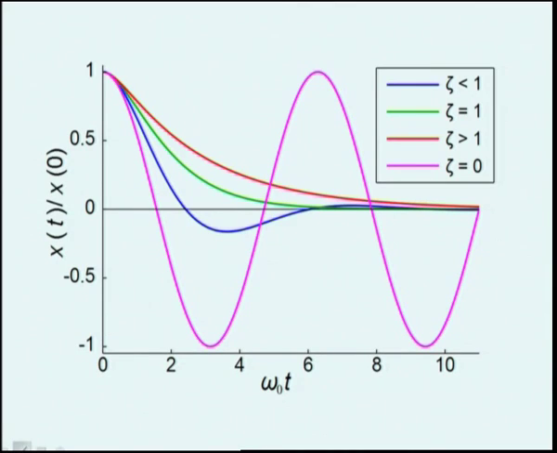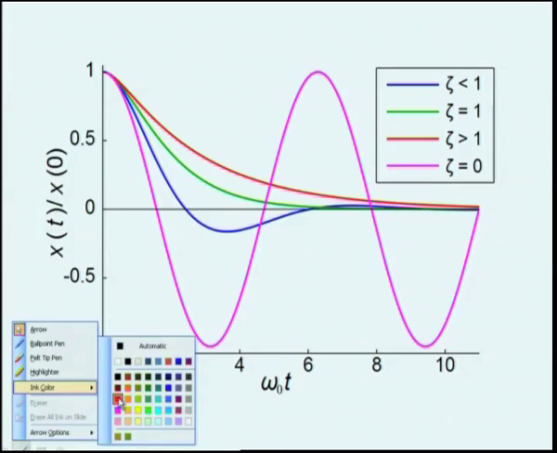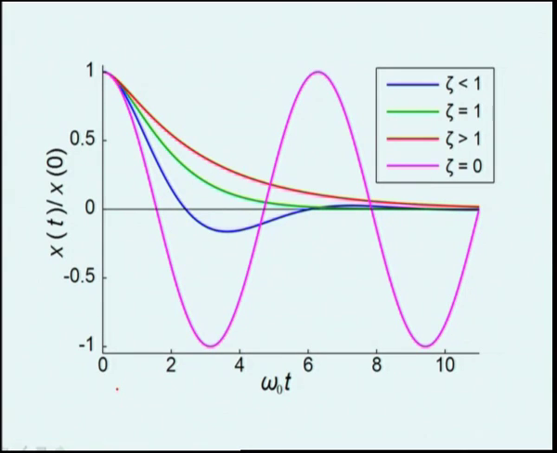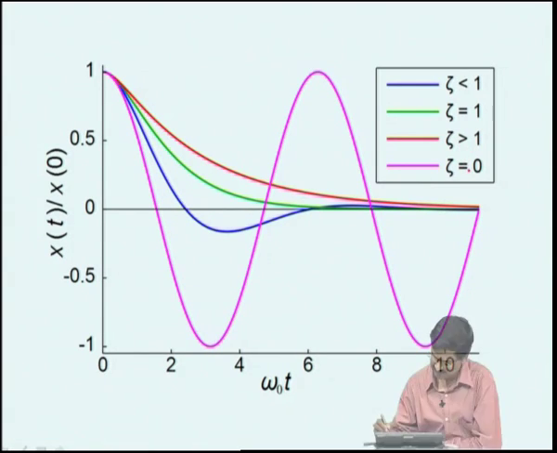What we see here is that the first case, when this zeta is equal to 0, we have this curve. This is no damping.